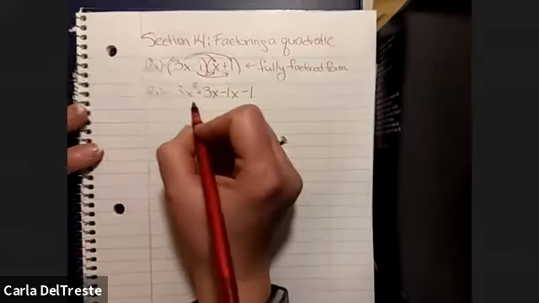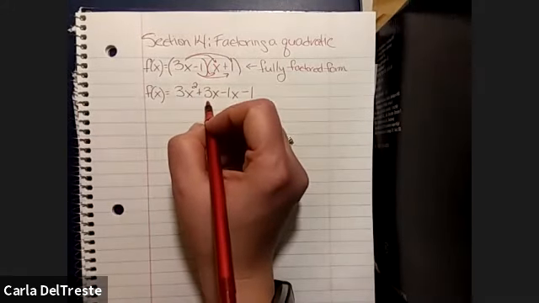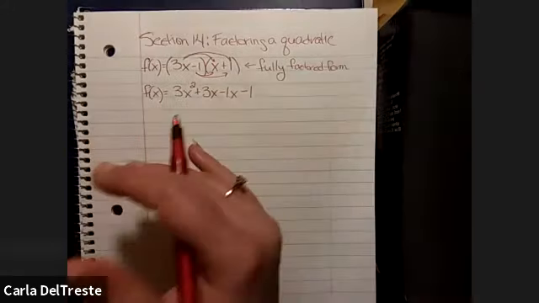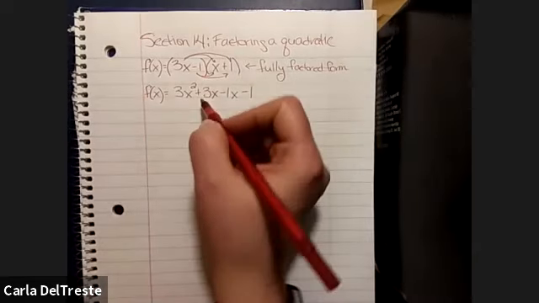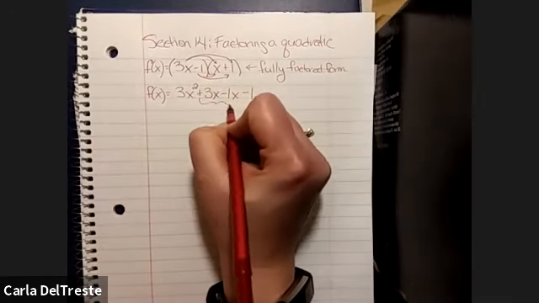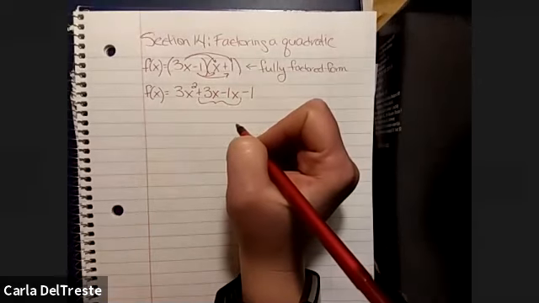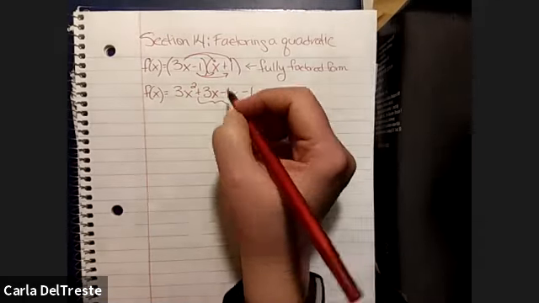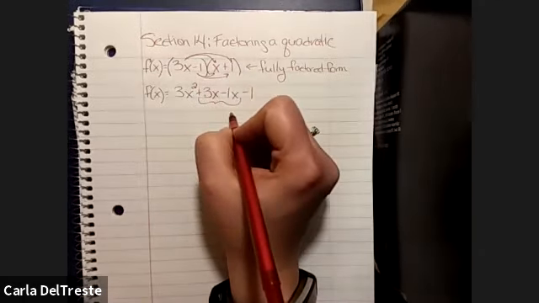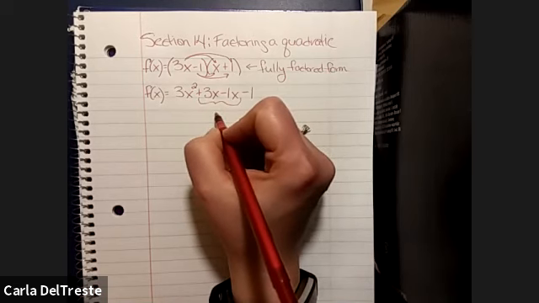And this is what I want to draw your attention to, because this is where we want to get with factoring. Notice how these two terms are going to add together to get me my middle term.